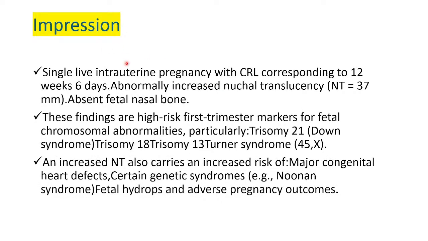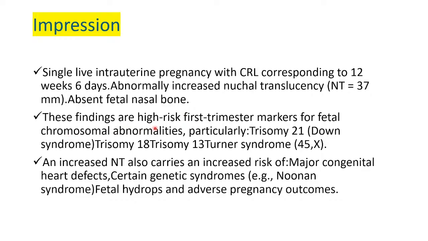So the impression on this ultrasound scan: single live intrauterine pregnancy with the CRL corresponding to 12 weeks, 6 days. Abnormally increased nuchal translucency, NT measuring 37 millimeters, and the absent fetal nasal bone.